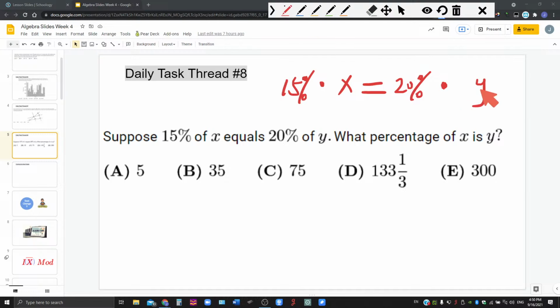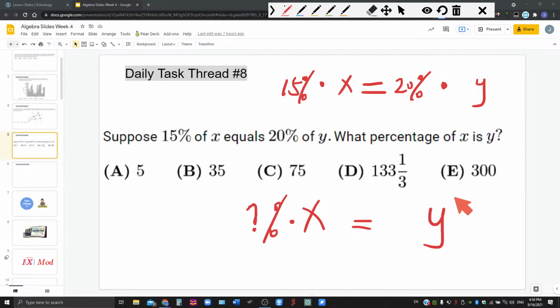Do we want the answer to be y? They're asking what percentage of x is y. That means ultimately we want y equals to some percentage of x, right? We just want to find out this unknown percentage, but ultimately we want y equals to some part of x.